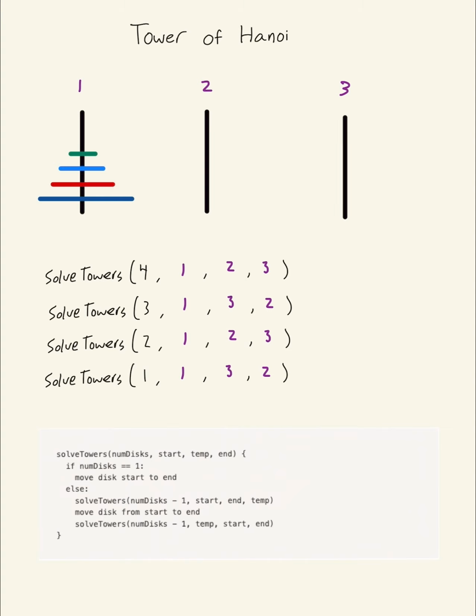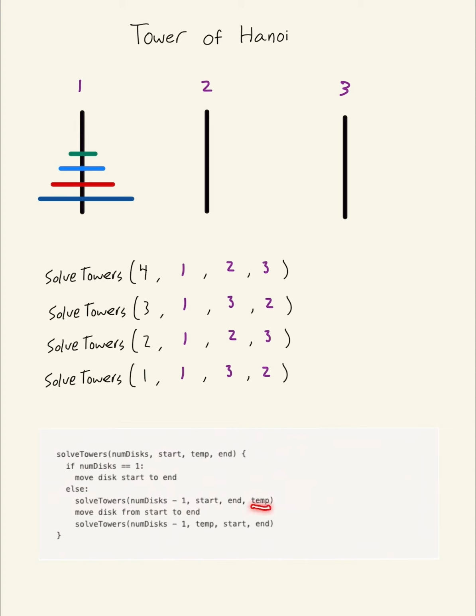So we can do this in a recursive manner, where the solve towers call is going to be on a tower of size num disks minus 1, and we know that the start is going to be this tower 1 here. And then we're going to be using the end pole here as a temporary one, because in this scenario, our goal is not to move all of these over to the end, it's to move them to the temporary.